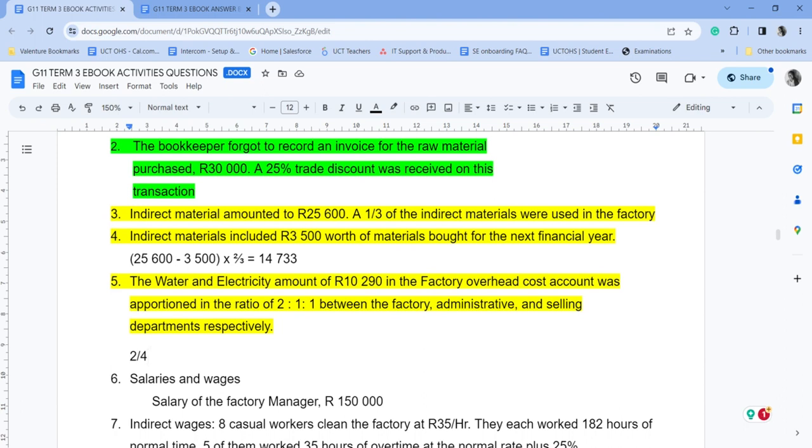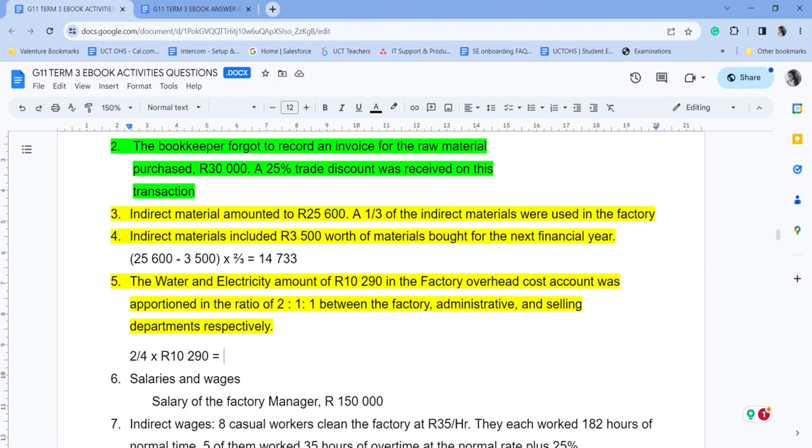So the 2/4 will give me exactly what I'm looking for the factory. So then I'll times it by what? Times it by the 10,290, which will give me, let me see on my calculator. So if I say 10,290 times 2/4. So 2/4 is the same as half, I think. Okay, yeah.